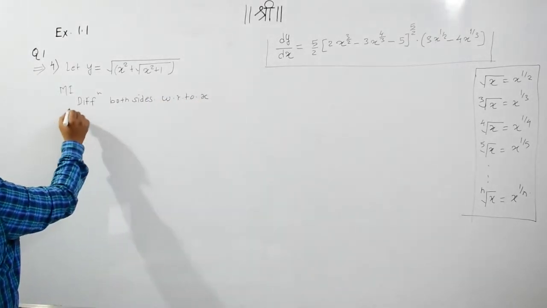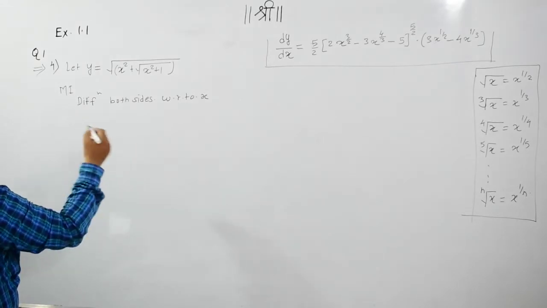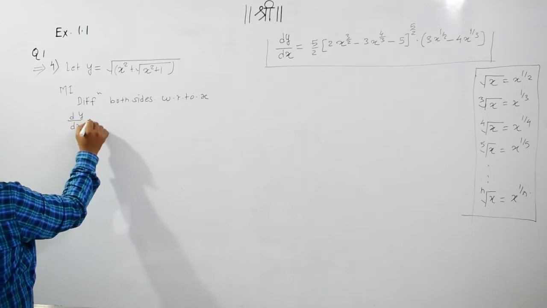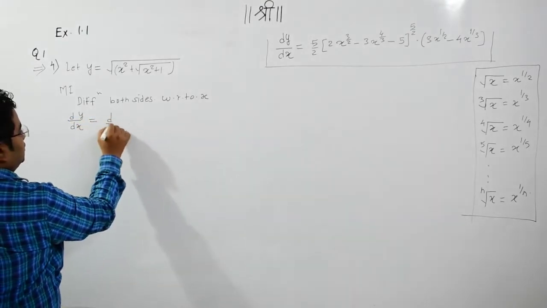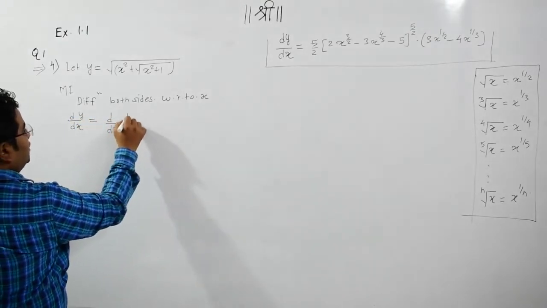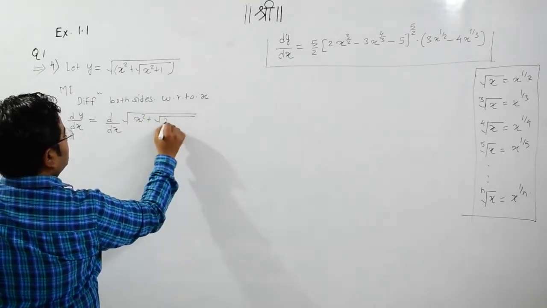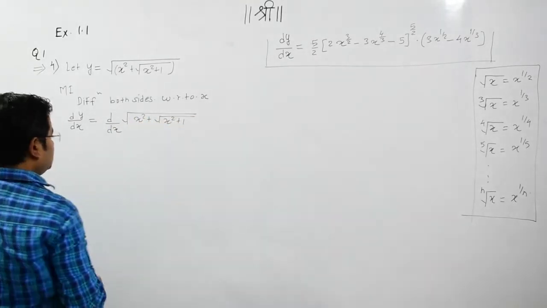What will happen? Differentiating both sides with respect to x, simply d upon dx of y is equal to d upon dx of under root x square plus under root of x square plus 1.